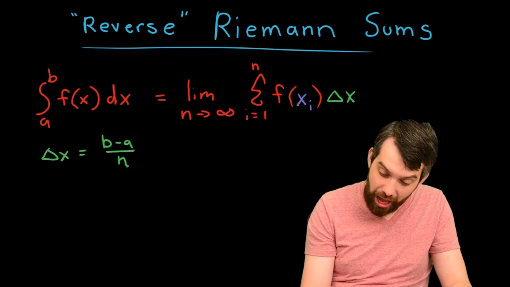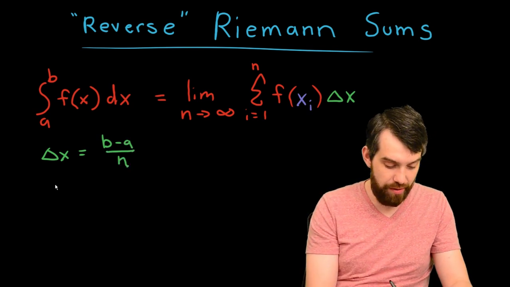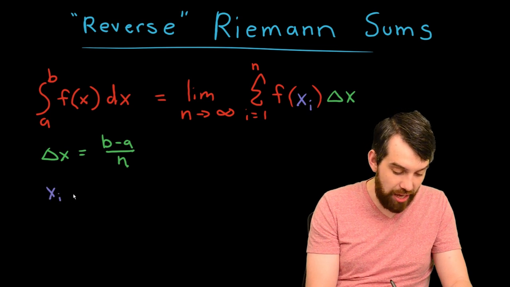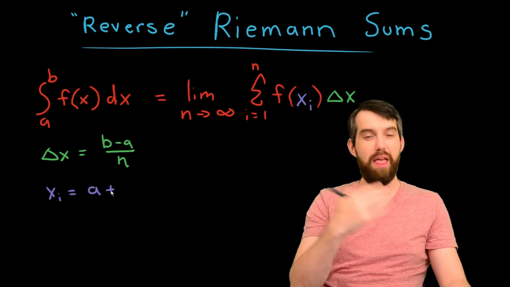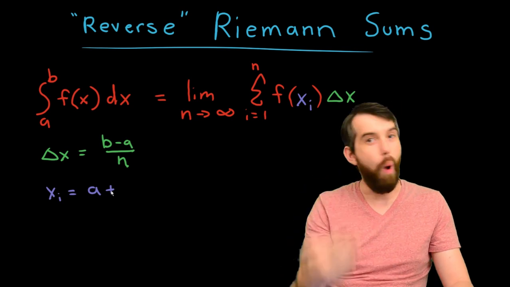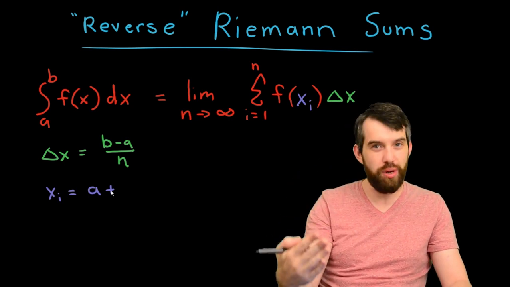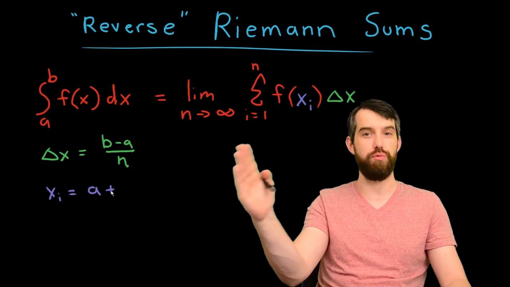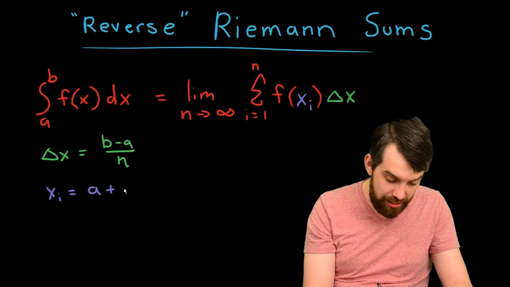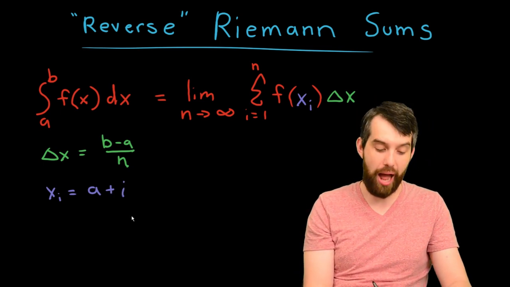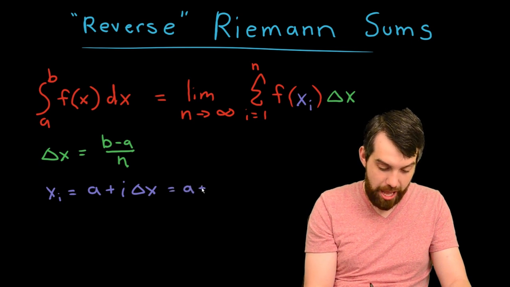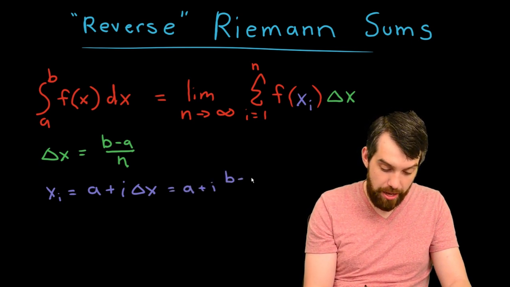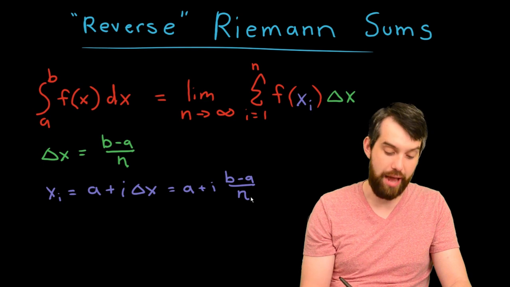And xi is given by whatever the starting point a is, and then you go over 1 delta x, 2 delta x, 3 delta x as you iterate along in your Riemann sum. So in other words, it is a plus some number i times delta x, or if I prefer, a plus i times b minus a, all divided by n.